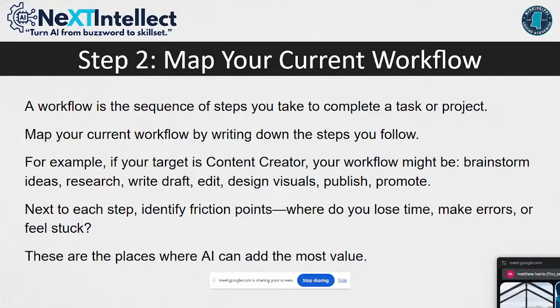Is this a going back to school product to get people to get their backpacks and all their supplies like that? That type of information would be beneficial in the brainstorming. Any research they need once they get to deciding what they will be writing and actually writing that first draft, and then editing it, creating visuals or picking visuals from assets that are already created, and then publishing it and then promoting it.